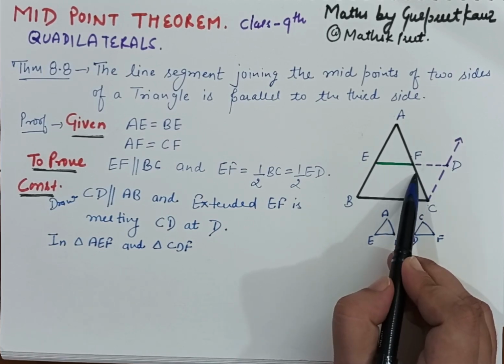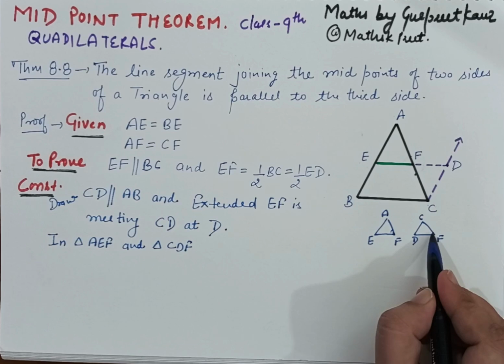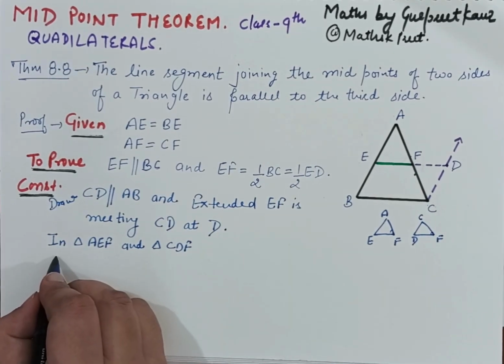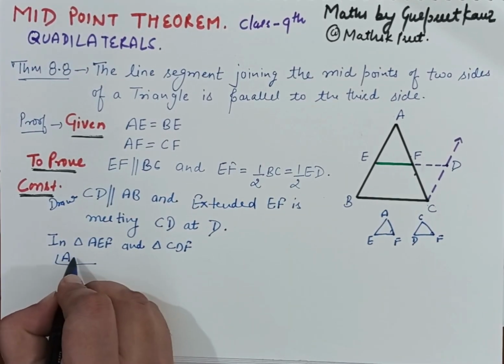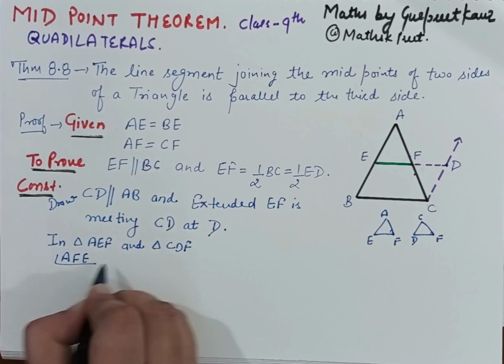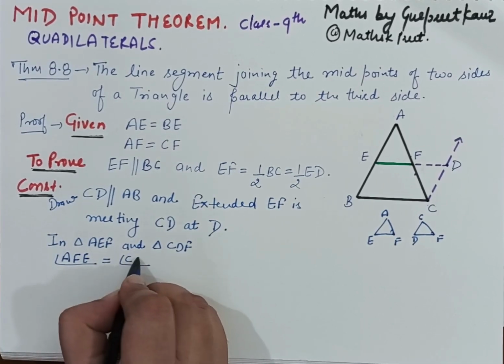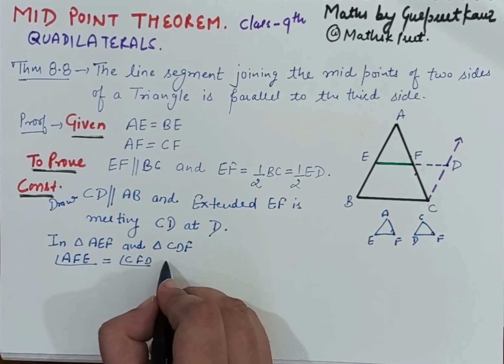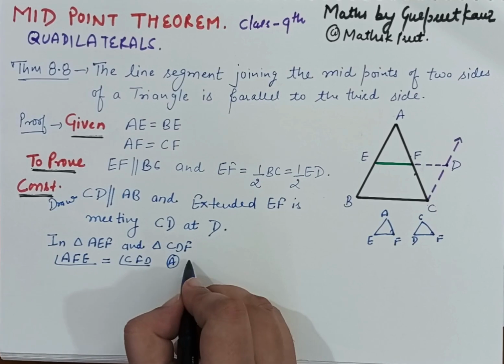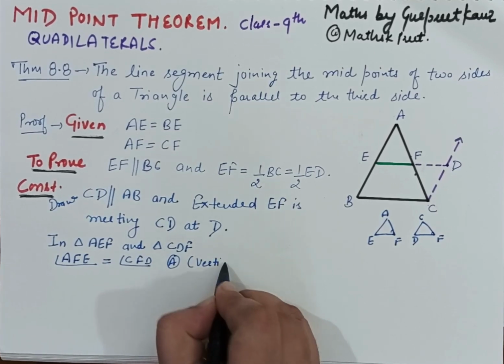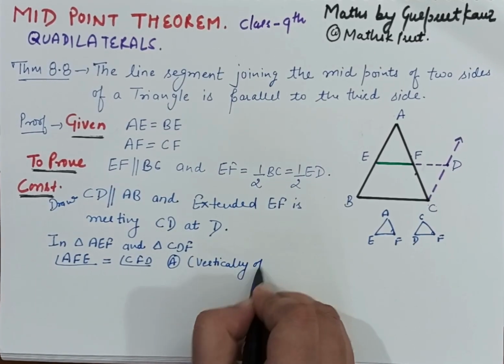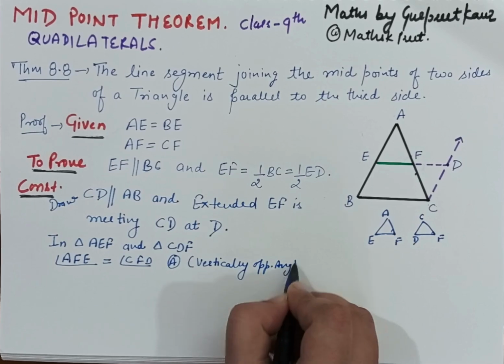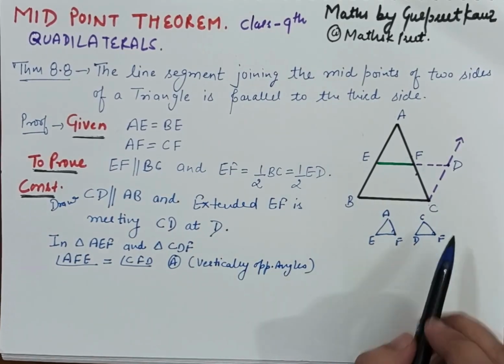How? By vertically opposite angles. So these two angles will be equal. So I'll write angle AFE will be equal to CFD. How? Vertically opposite angles. Fine. So these two angles are equal.